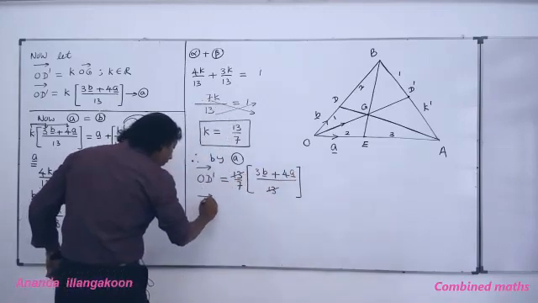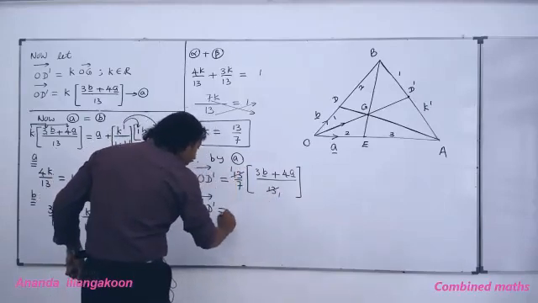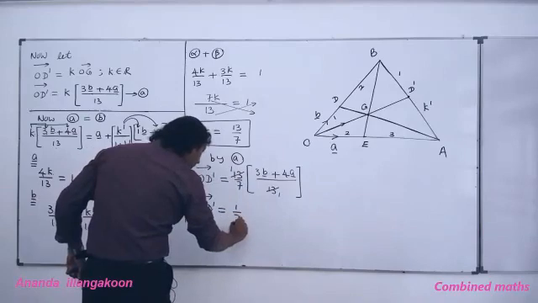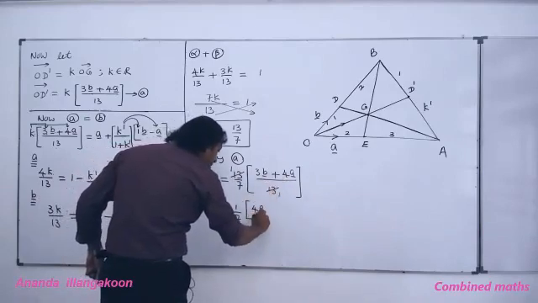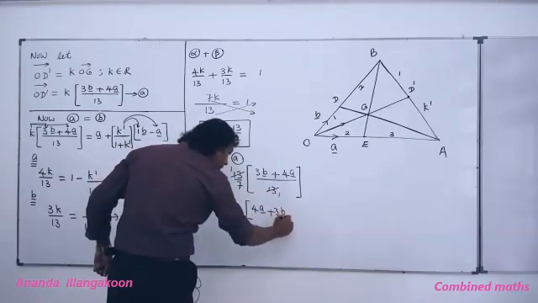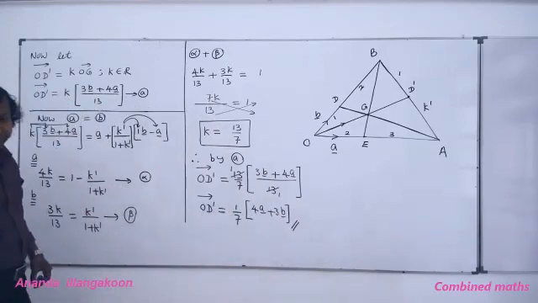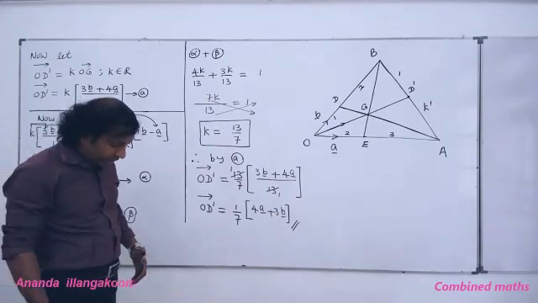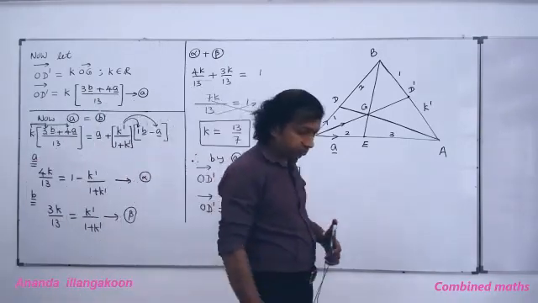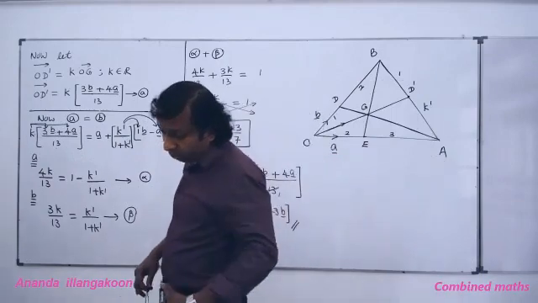Then OD dash vector is going to be, after cancellation, 1 upon 7, and 3b plus 4a I can write as 4a plus 3b. We got that OD dash vector. That's good. Right, now this part is also over.